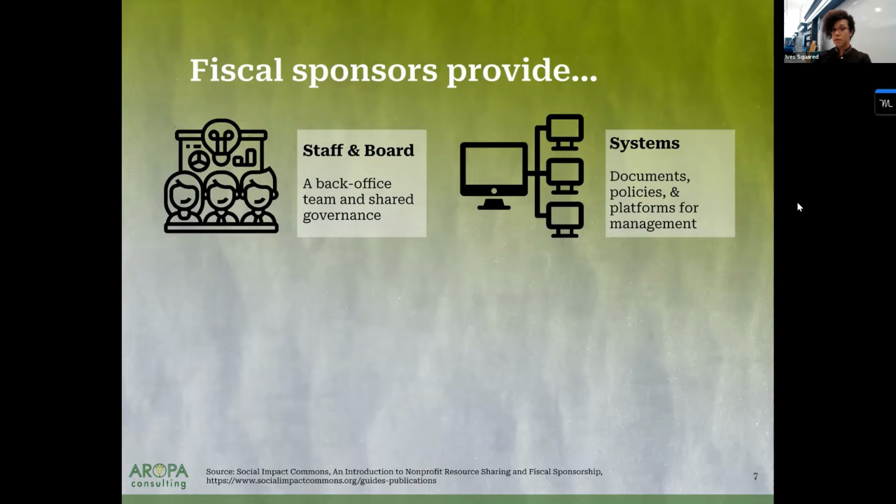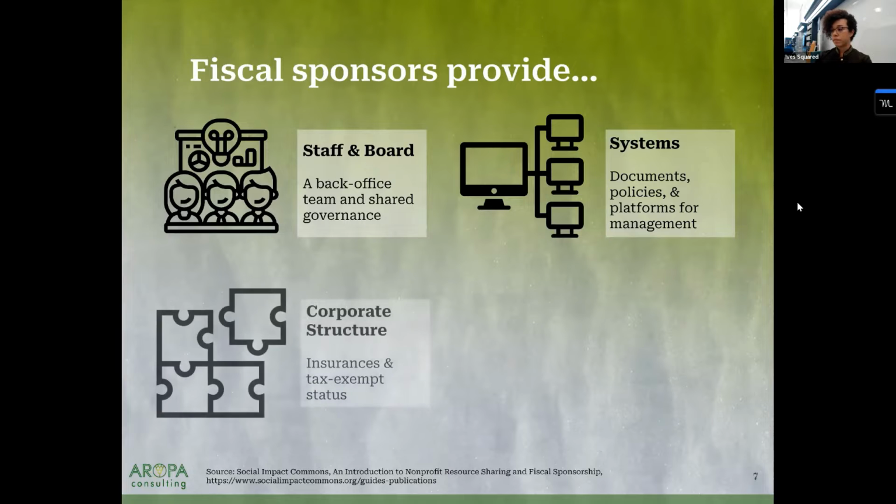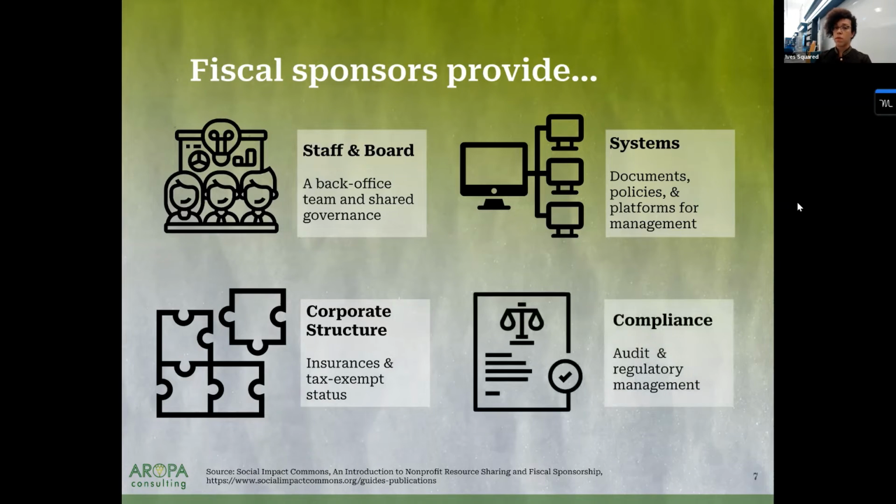So bookkeeping systems, documentation, policies. Different fiscal sponsors have different levels of these systems, but there are these aspects in place so that, again, you don't have to write an expense policy from scratch. They also often provide insurance and corporate support, which are, again, compliance issues that you really need to think through.